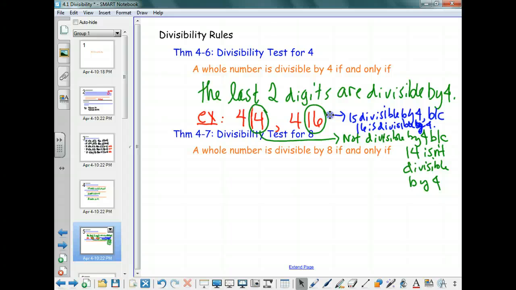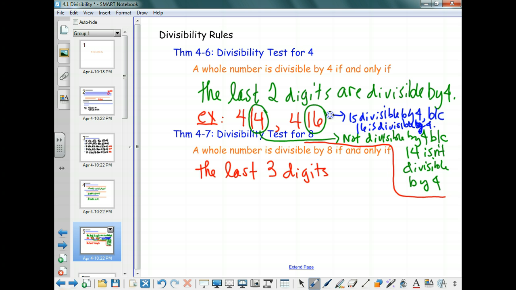The last 3 digits is what we need. So a whole number is divisible by 8 if and only if the last 3 digits are divisible by 8.